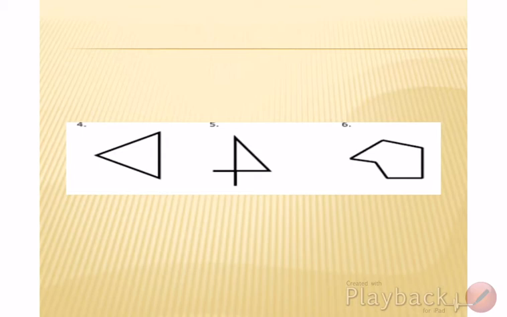4, 5, and 6. Are these polygons? The first one has 3 sides, and all sides intersect two other sides. The middle example is not a polygon because the sides extend beyond and do not end at the endpoints.